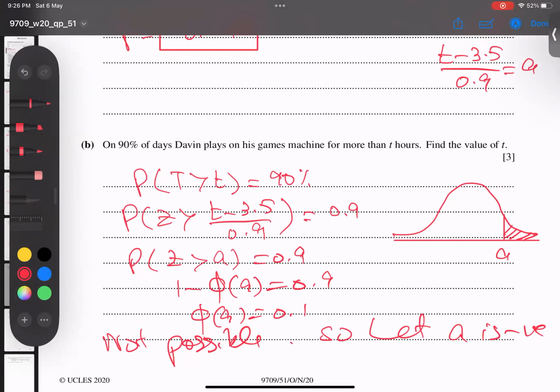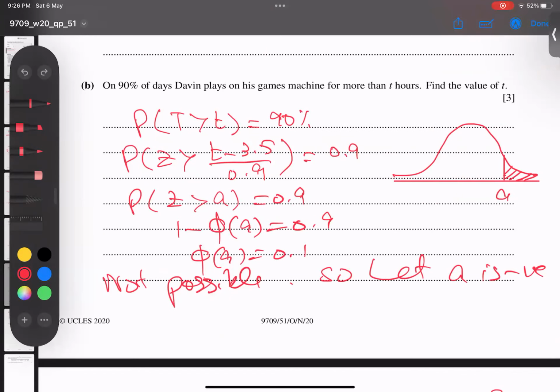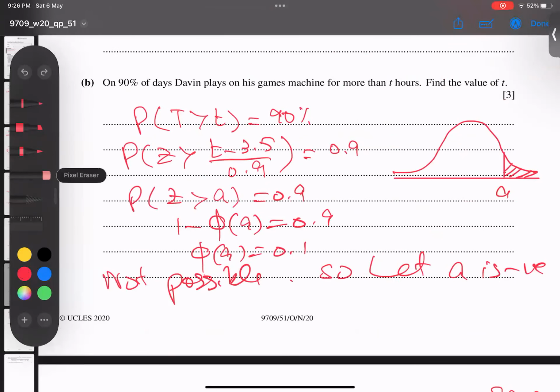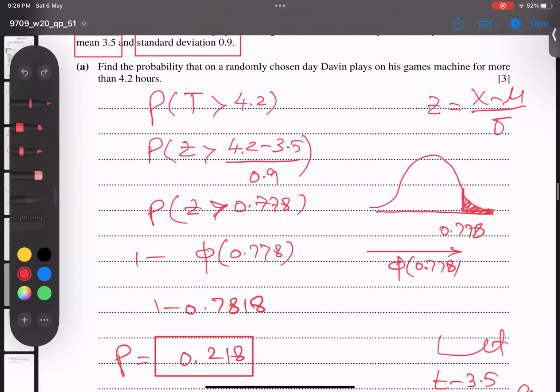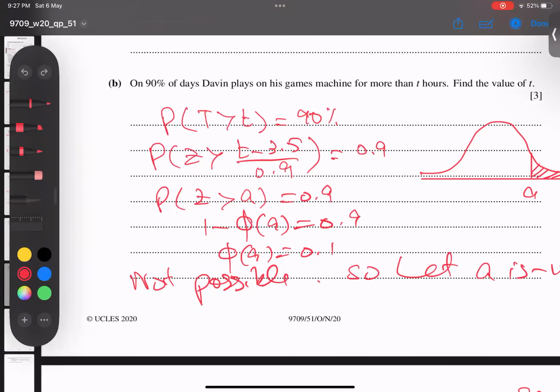I hope the concept is very clear. It is mentioned here, game machine more than t hours. All right, this is correct. So let's recheck, because my value is coming off. I took the value minus the mean over the deviation, 3.5 and 0.9. This is all correct, and more than t hours, all correct.